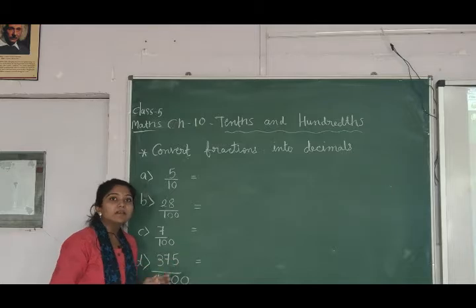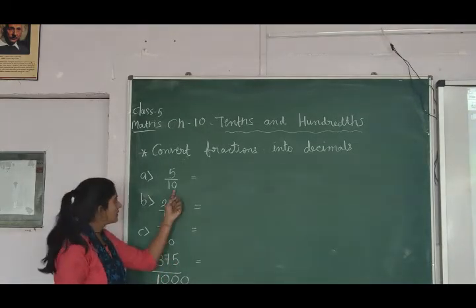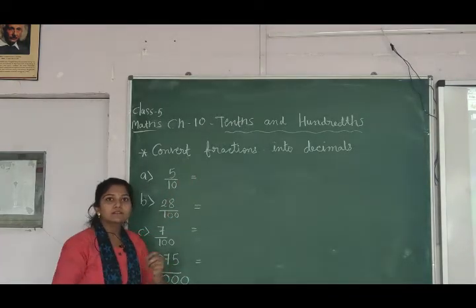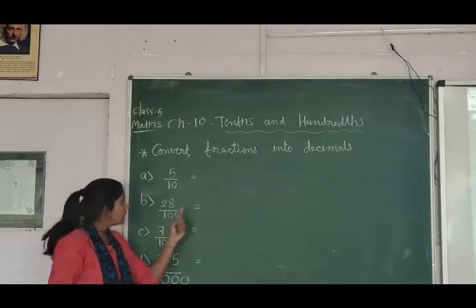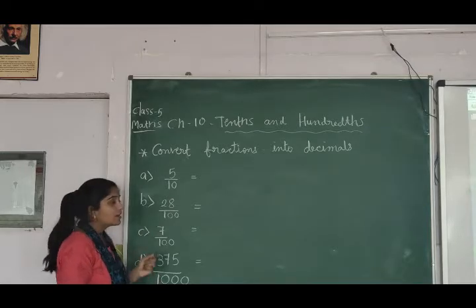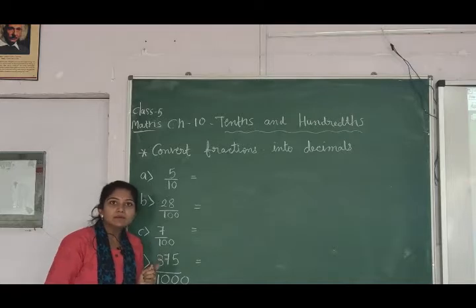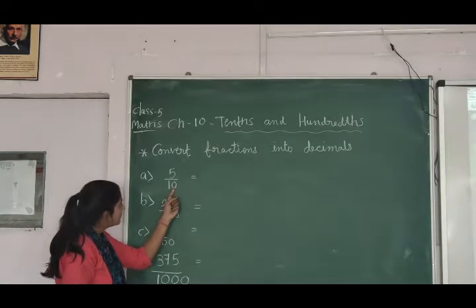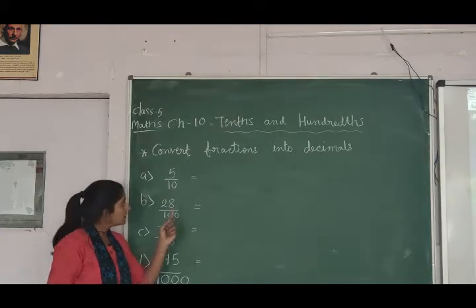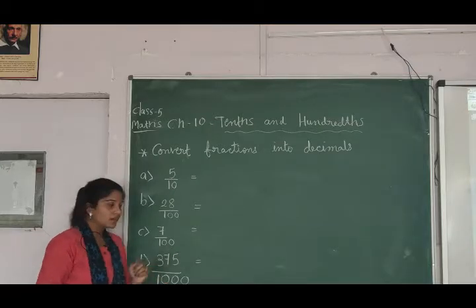For this exercise, we have to look at the denominator. If we have to convert fractions into decimals, first we have to look at the denominator. There should be as many digits after the decimal point as there are zeros in the denominator. Here it is 10, so there should be 1 digit after the point.